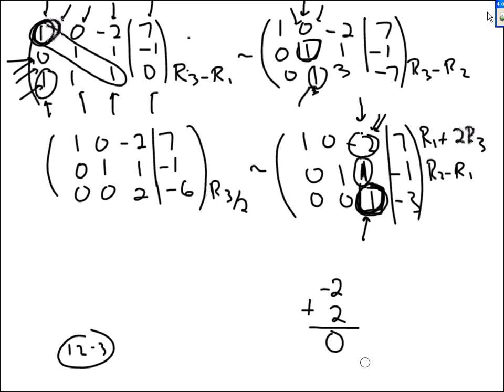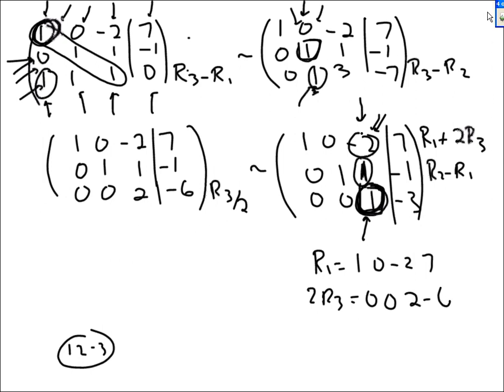Okay, we do our arithmetic, and everything off the diagonal will be 0. Row 1 is 1, 0, negative 2, 7. 2 row 3s are 0, 0, 2, negative 6. If you add, you get 1, 0, 0, 1.